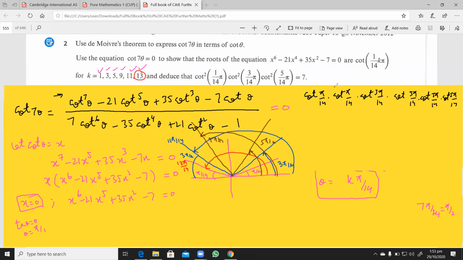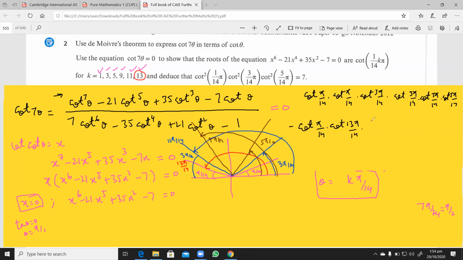And you know that this can be changed with your cotangent 13 pi by 14. I can write it as cotangent pi by 14 times minus cotangent 13 pi by 14.